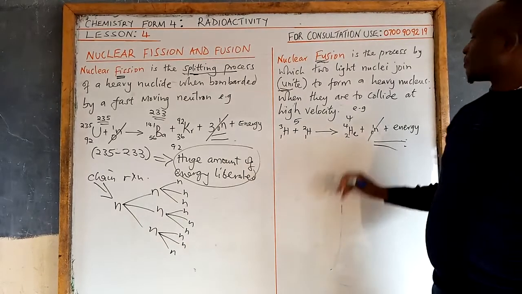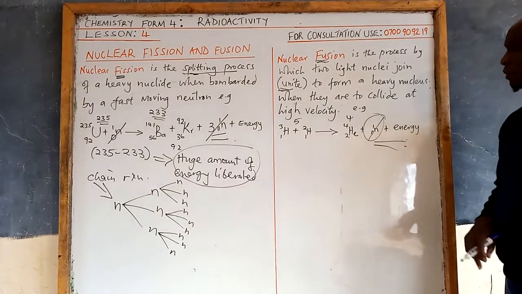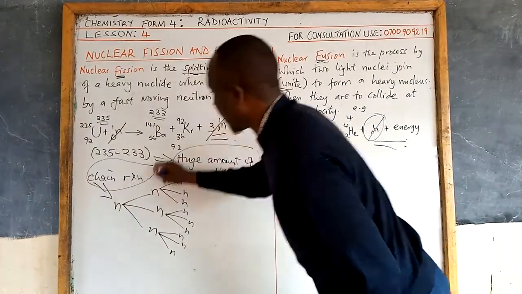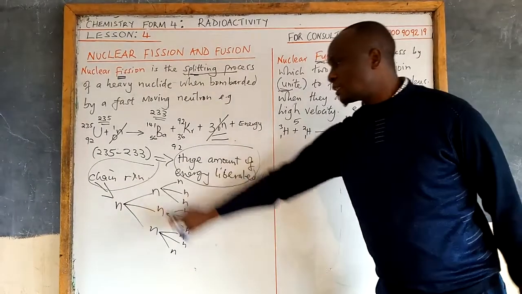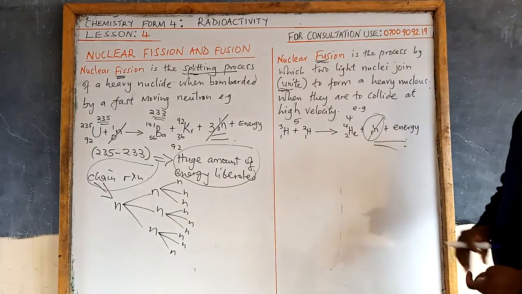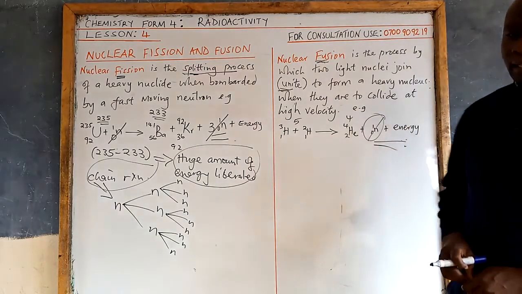In each case, a neutron is emitted. In each case, it results in a chain reaction, because this neutron can start off this type of reaction as we have seen in nuclear fission. So let me project those differences for those who may want to take down the notes.